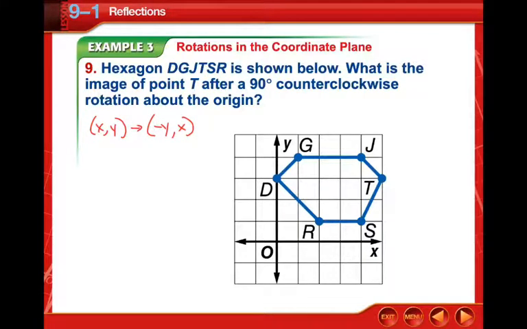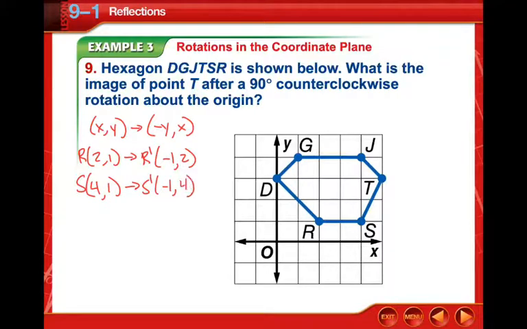So we need to come up with our points on our graph here. R is at 2, 1, so R prime is going to be at negative 1, 2. S was at 4, 1. S prime is going to be at negative 1, 4. T was at 5, 3.